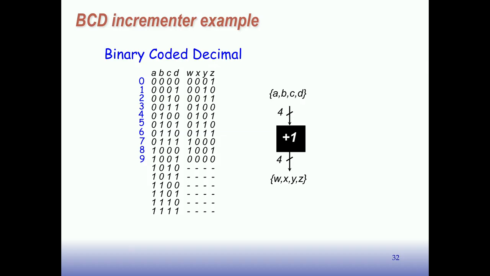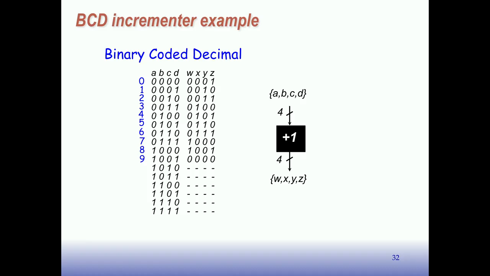Oh, jeez. It's not a converter, it's an incrementer. Okay, sorry. All right, so what I'm designing is a binary coded decimal incrementer. You put in a binary coded decimal digit, and you get that digit plus 1 out.